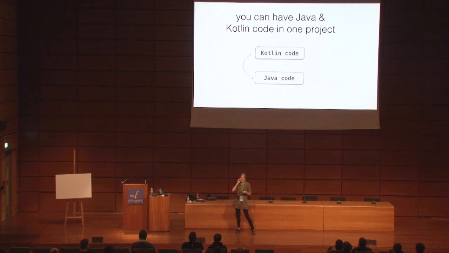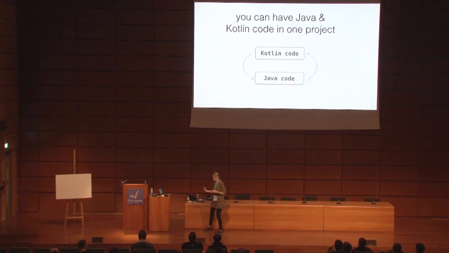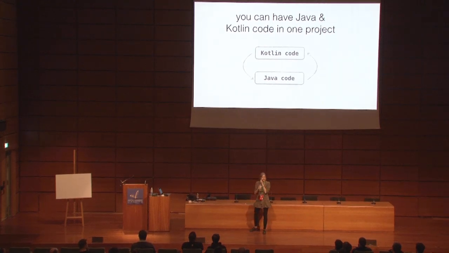And as for any JVM language, you can, without any problem, call Java code from Kotlin code. But for Kotlin, it works in the other direction as well. And that's not usually the case. It's because a lot of effort was directed especially to this, to be able to very easily mix Kotlin code and Java code in your project.